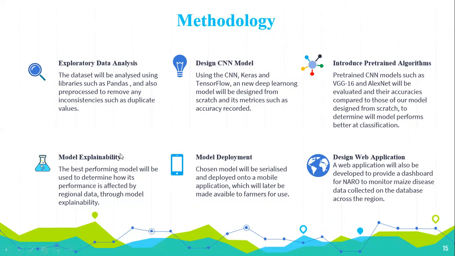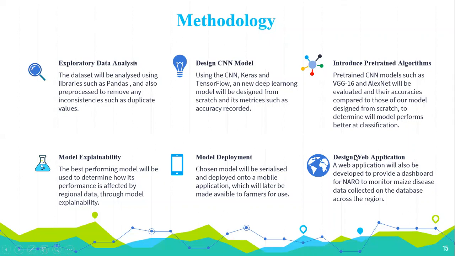And also we shall do the model explainability, where we shall determine how the performance of our model is affected when we train our model on data from different regions. And in the model deployment, we shall choose the suitable model, and then we shall serialize it for deployment onto a mobile application, and later this application will be made available to farmers.